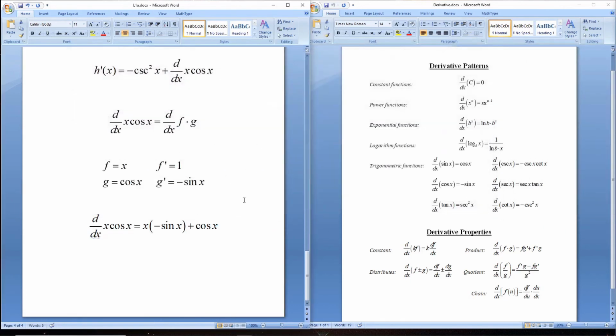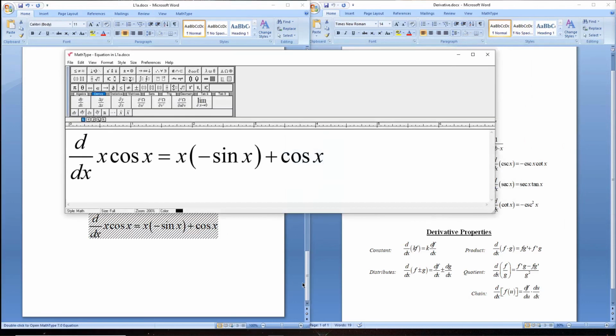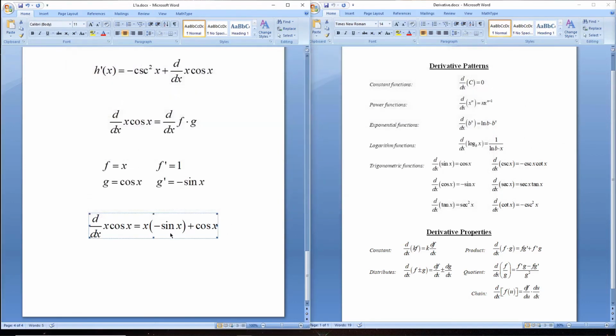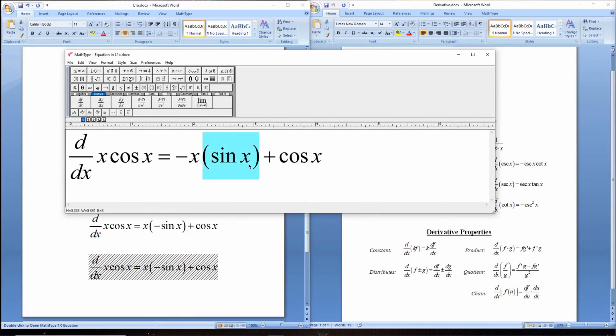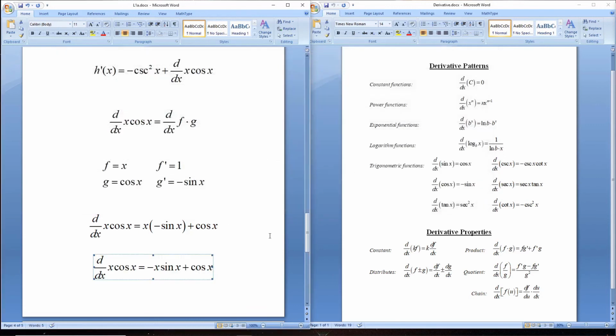And that's our answer. That's our derivative. And sure, maybe we'd want to clean it up slightly, because the minus sign we could pull out here, and we really don't need the parentheses. And that is our answer for the derivative of x cosine x.